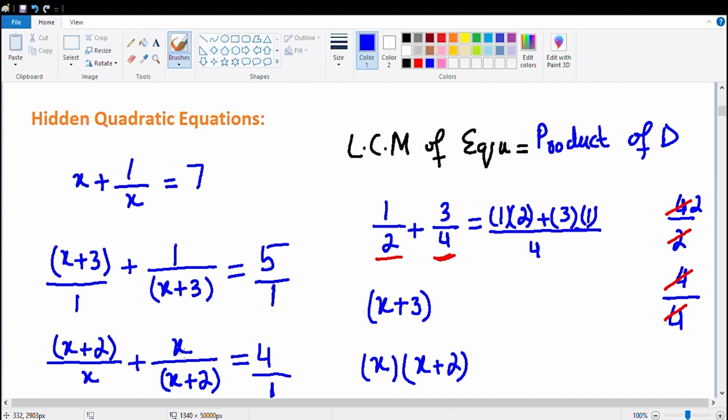Then you have this plus sign, and this is the second term, in which x plus 2 and x plus 2 will cross out, and you'll get x into x, or x squared. And in the third term, when it multiplies, there's nothing that can cross out, so you'll have 4 into x plus 2.